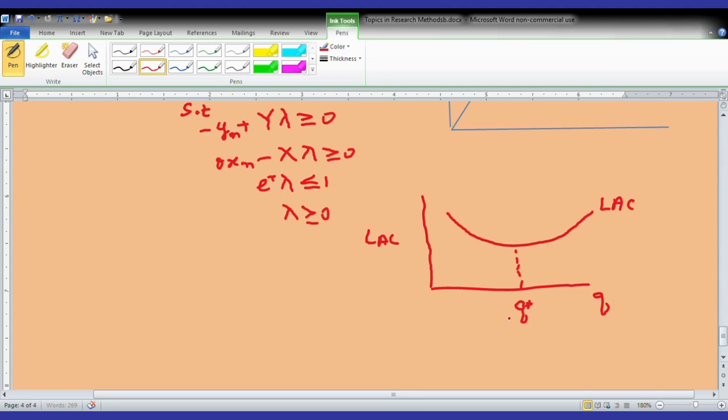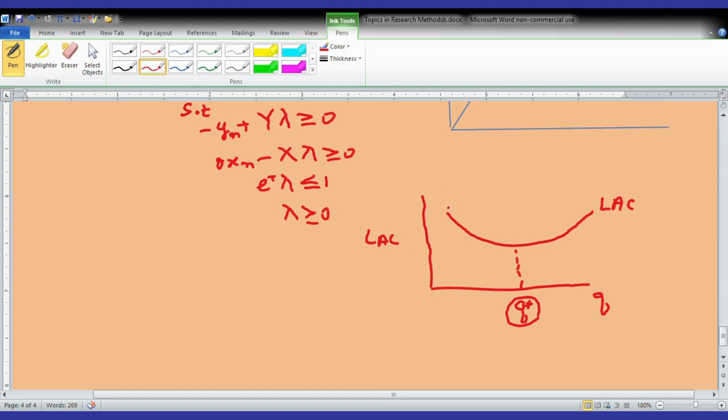Then this level of output Q star is said to be scale efficient. So scale efficiency is associated with the level of output which gives us the minimum of long run average cost.